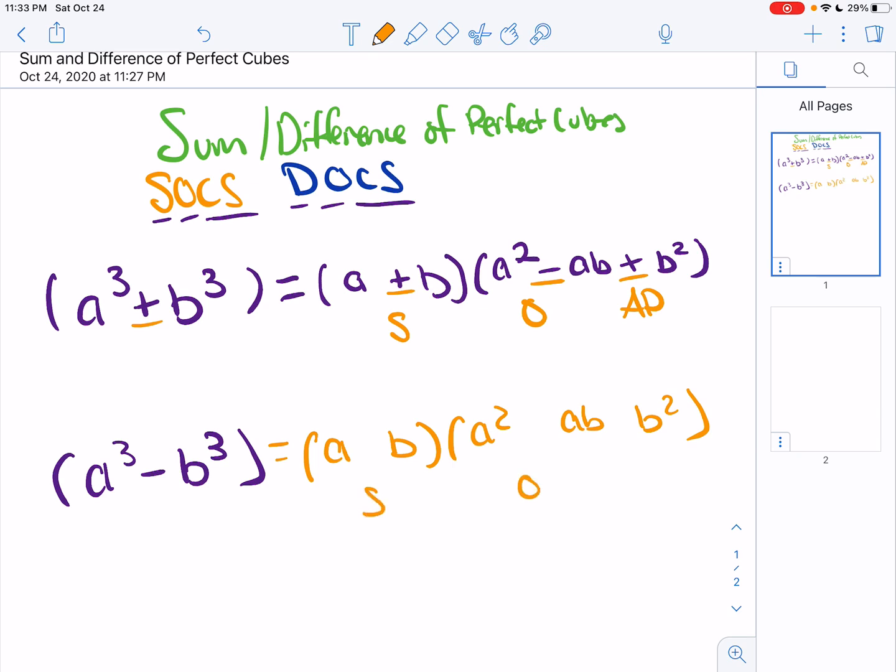Same, opposite, always positive. This is a subtraction, so the sign is going to be the same as that: minus, opposite, plus, always positive, which is plus. All right, so these are our two formulas.